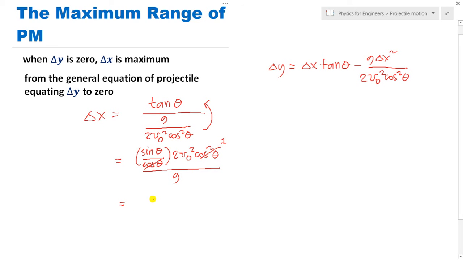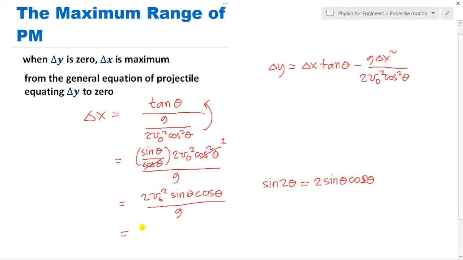So, therefore, on the numerator, we have 2 v naught squared sine theta times cosine of theta all over our g. And take note, class, in trigonometry, in your identity, you have sine 2 theta is just the same as 2 sine theta cosine of theta. So just review na lang sa trigon nyo. So therefore we can plug that one in our equation.